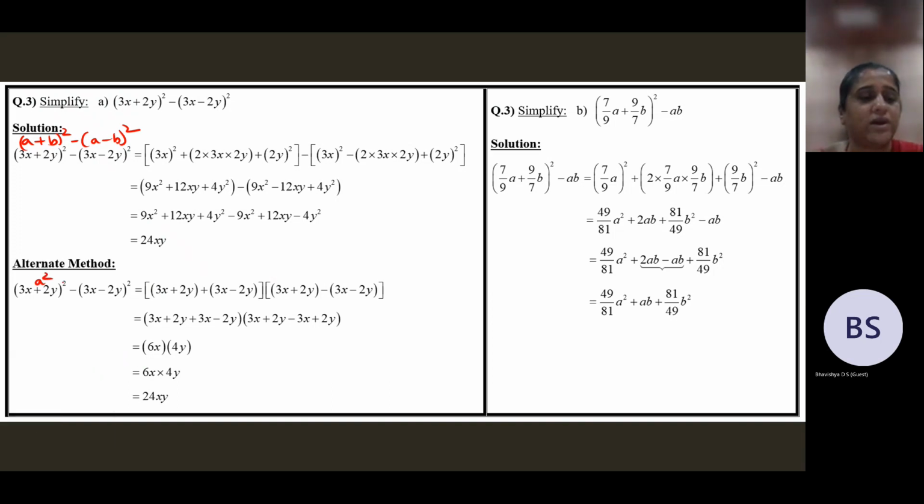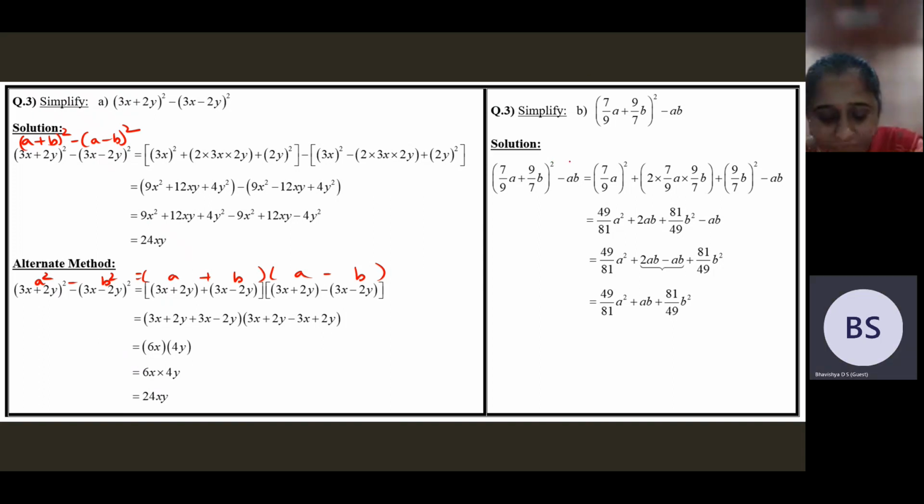Here, this is a square minus b square, which is a plus b into a minus b. All right, any questions? No, ma'am.